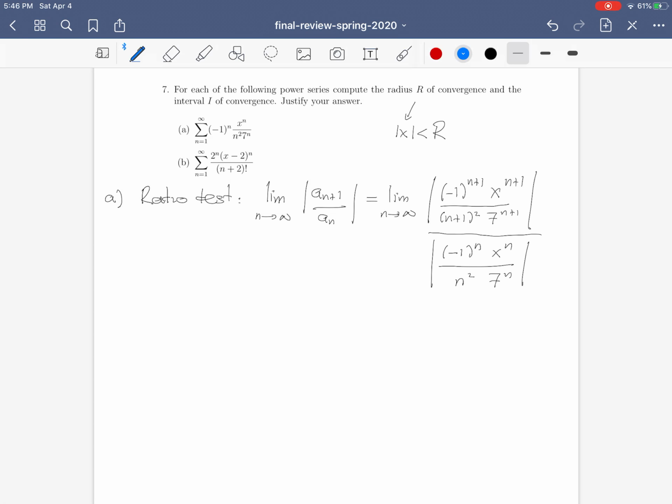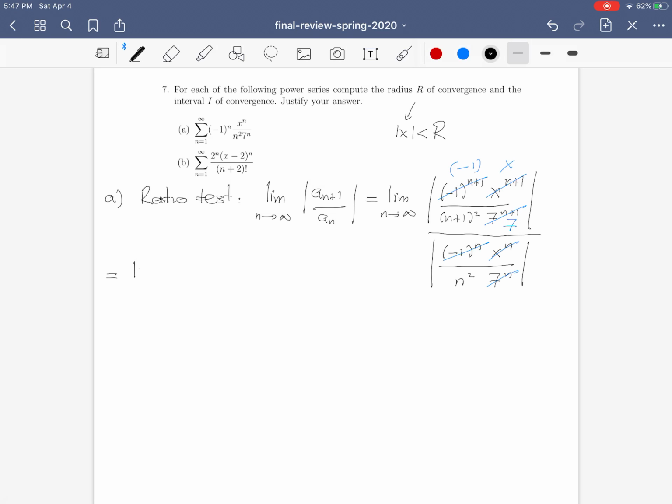Okay, let's cancel our terms. (-1)^n cancels and gives us -1. x^n cancels with x^{n+1} and gives us x. 7^n cancels with 7^{n+1} and gives us 7.